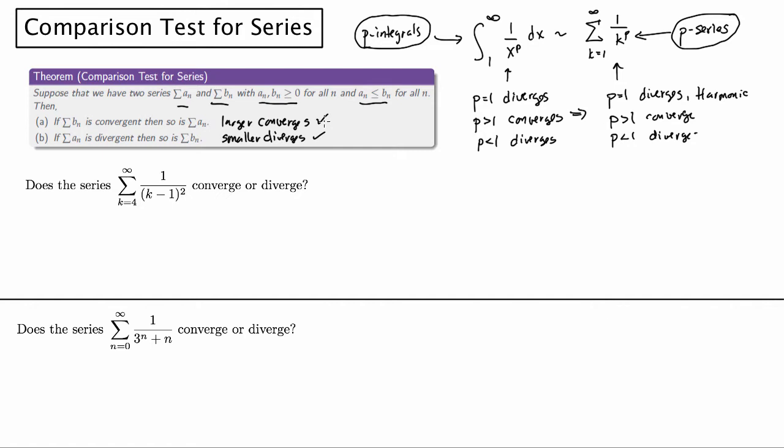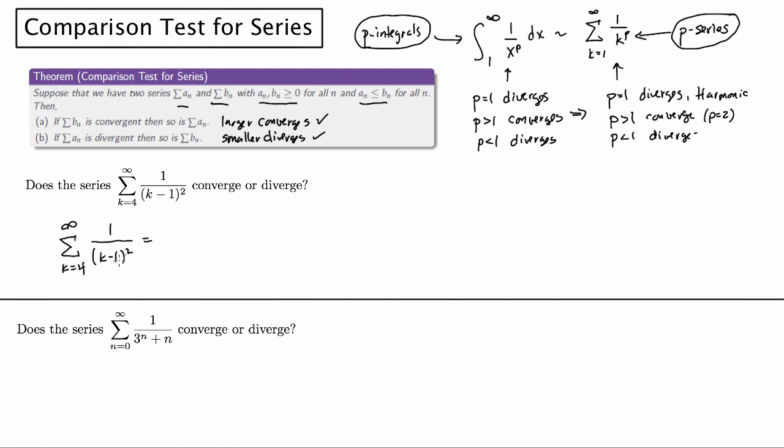So starting with this first one, I want to use a trick to tell whether it converges or diverges, and that is reindexing. If you remember, we talked about reindexing in a previous video as one of the properties that series have. And so if I look at this sum begins at 4 of the value k minus 1, and so you can see that if this were just 1 over k squared, 1 over k squared is p equal to 2, and p equal to 2 would be a convergent series.